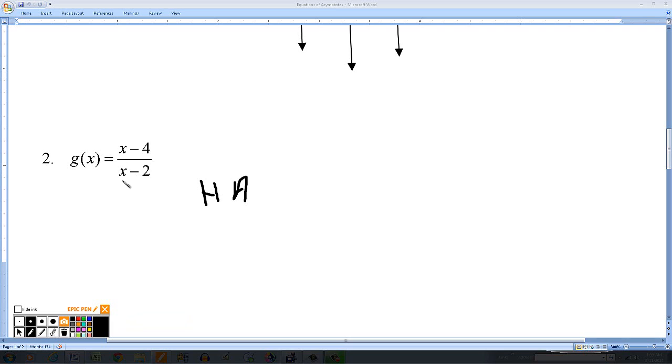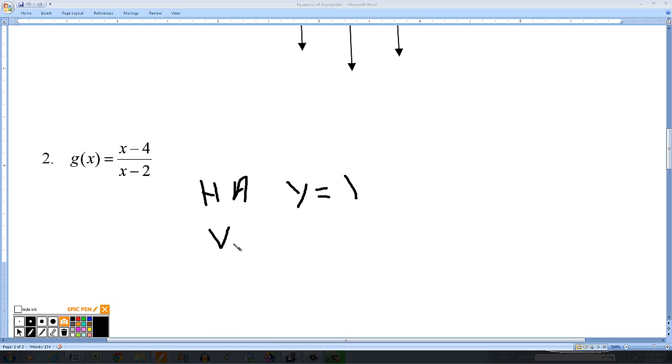Denominator degree 1, again x to the first. So based on the statements that we just went over, the horizontal asymptote should be y equal to the lead term coefficient here over the lead coefficient over here. That's 1 over 1. So this is going to have a horizontal asymptote at y equal to 1.